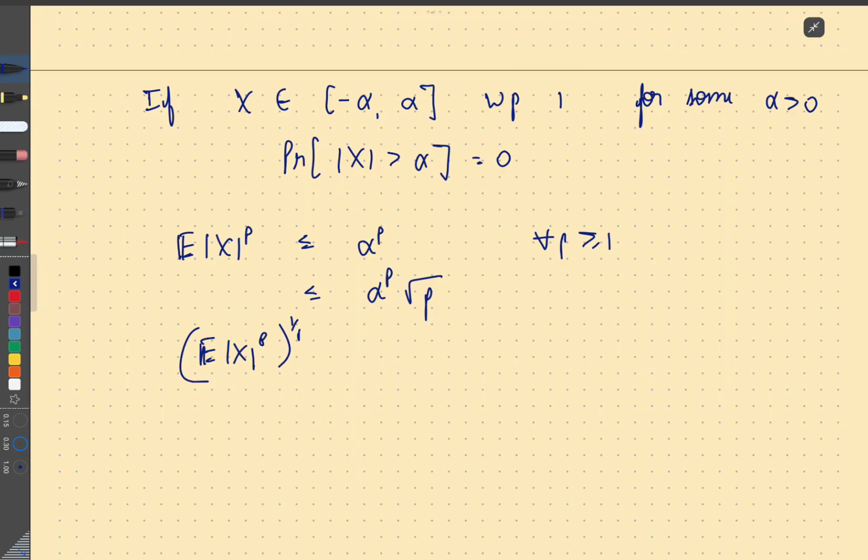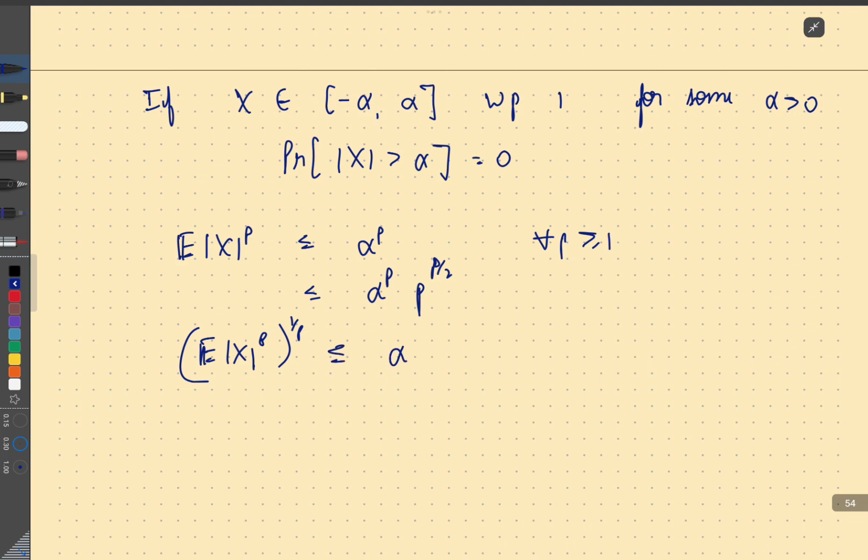Expectation of mod x to the power p whole raised to 1 by p. Sorry, I think I need p raised to p divided by 2, because I can multiply with anything that is larger than 1.